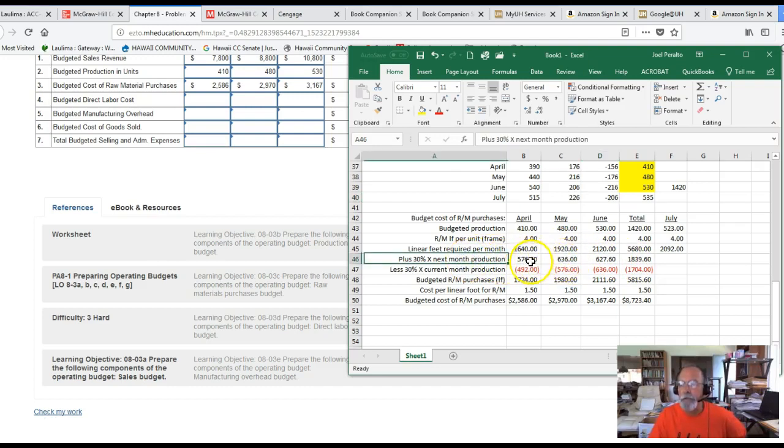So this calculation, C45, D45, F45. F45 times 0.3.